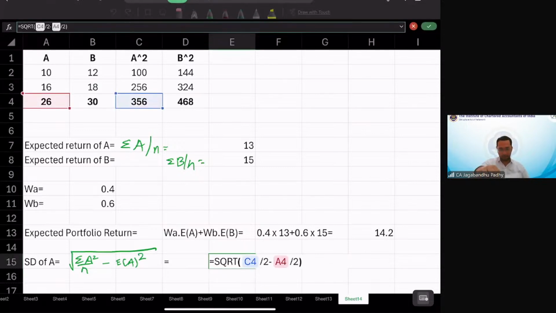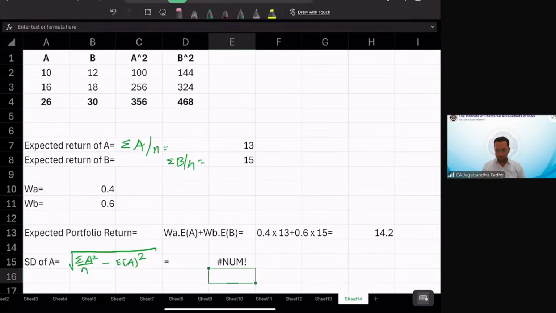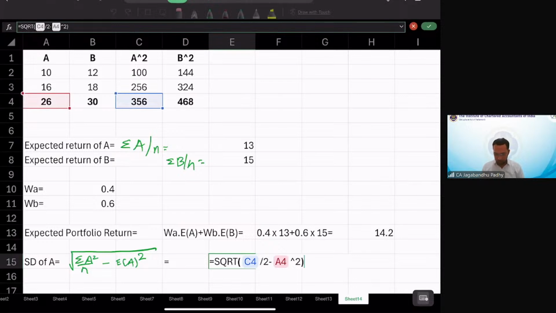So this will be the square root of 356 by 2 minus not expected return, expected return is 13 square.